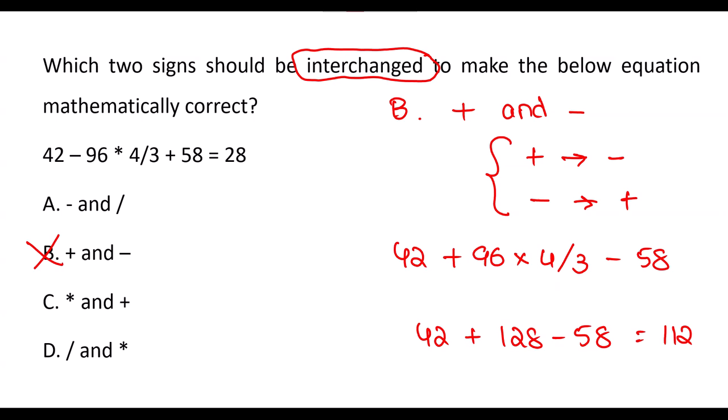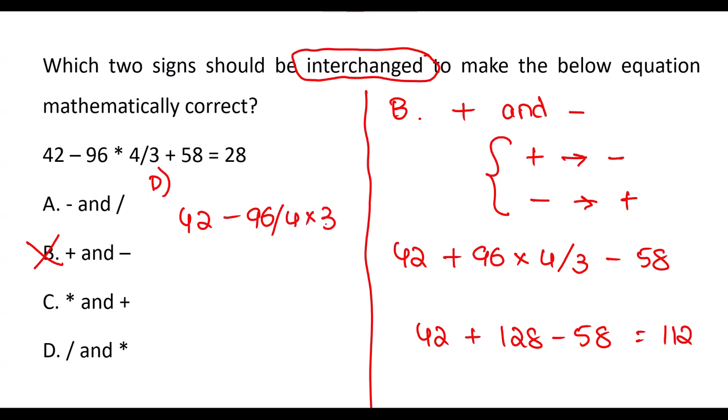Option D for Delhi. As per D, first division as multiplication, multiplication as division, division as multiplication. Okay, then 42 minus 72 minus 30, minus 30 plus 58 is 28.